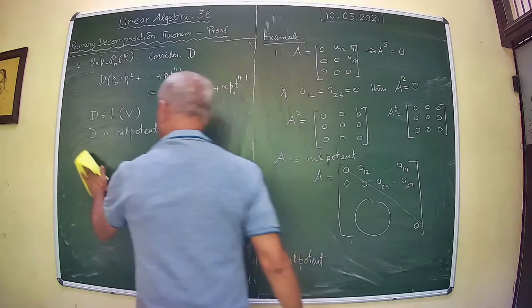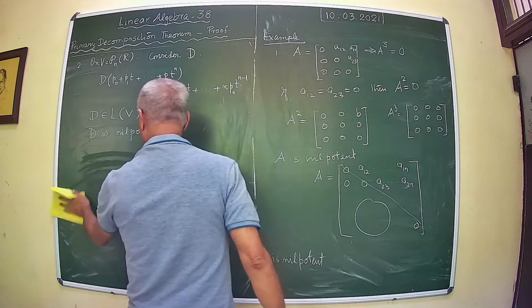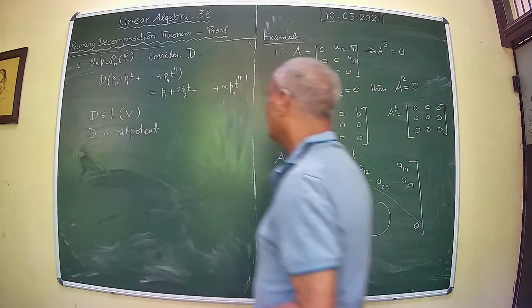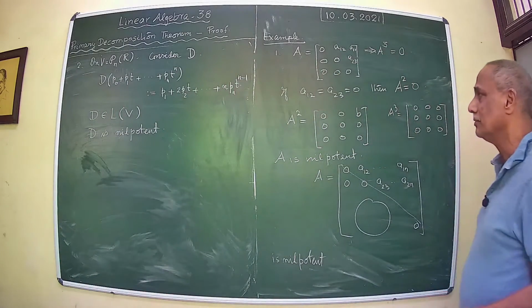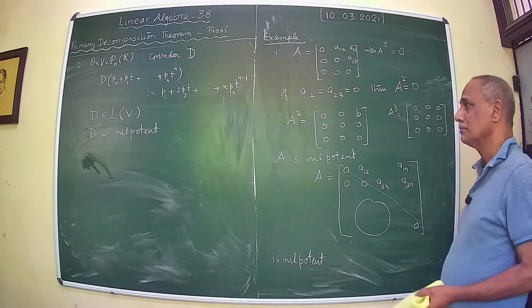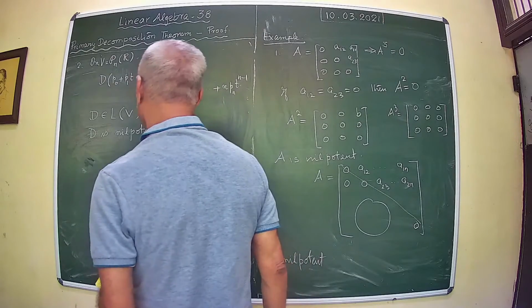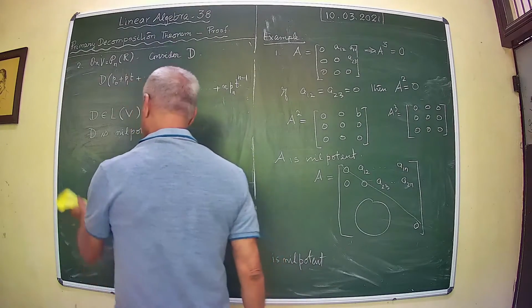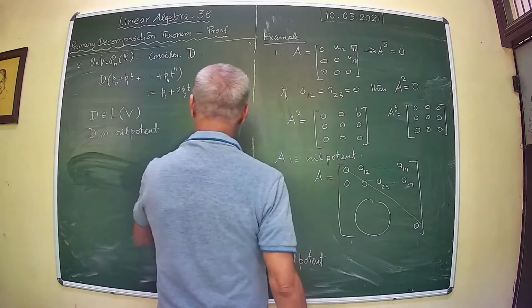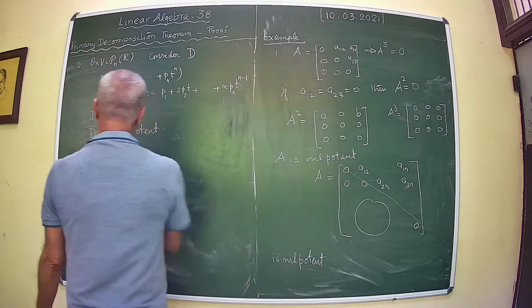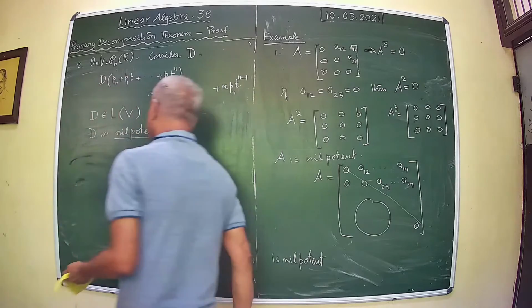If you take D to the power m, it's a polynomial of degree n minus m, if m is less than n. So you clearly see that D becomes nilpotent.